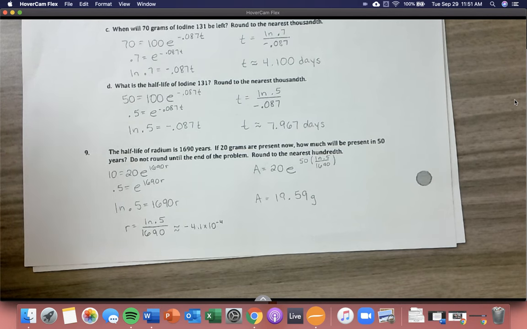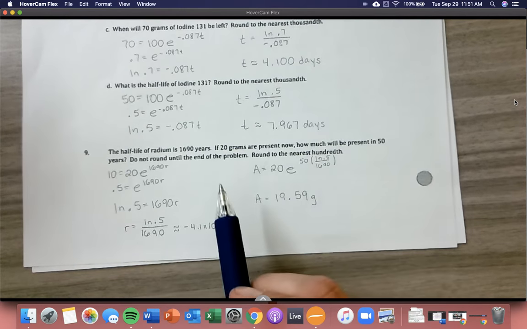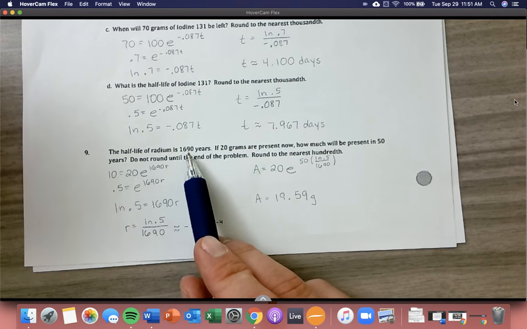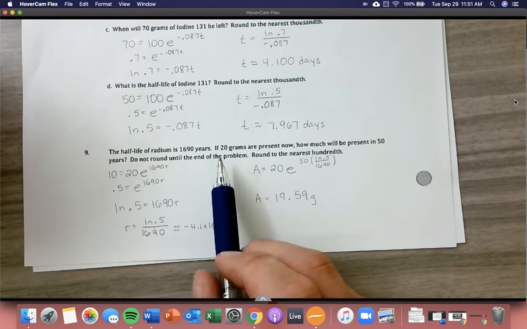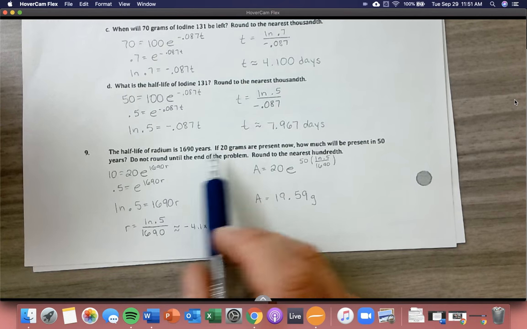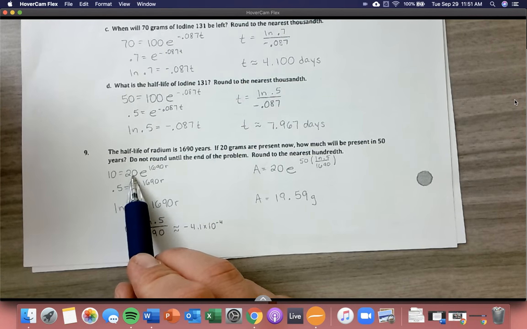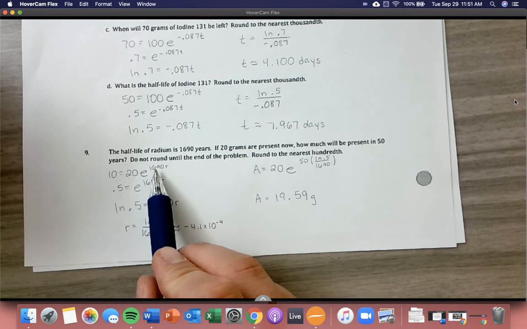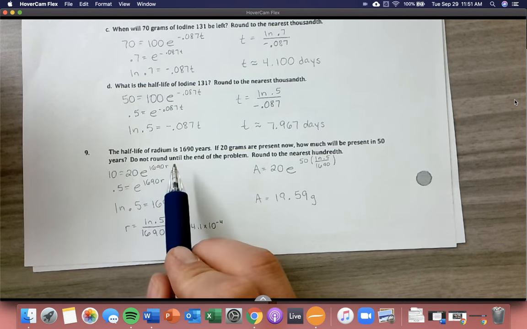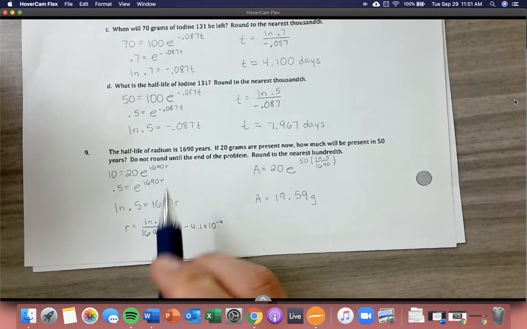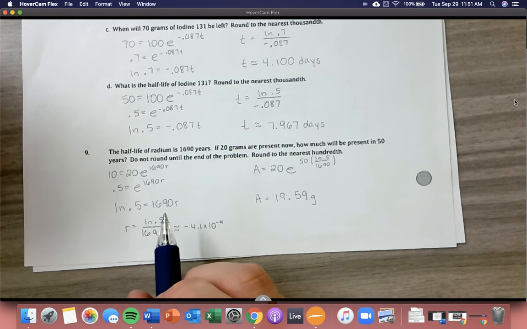Right? So in this case, what we have to do is use the half-life to figure out what the rate is. So we know that 20 grams are present right now. In 1,690 years, half of it's going to be left, so 10. We want to know what is our rate, how much is it decaying by?